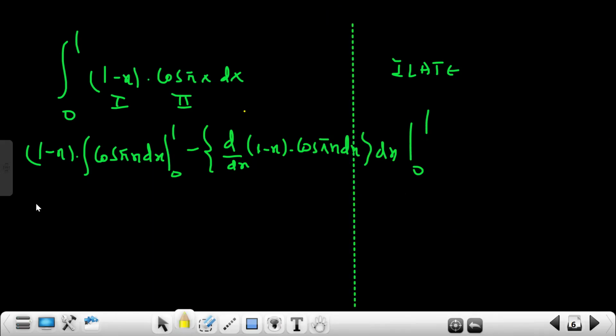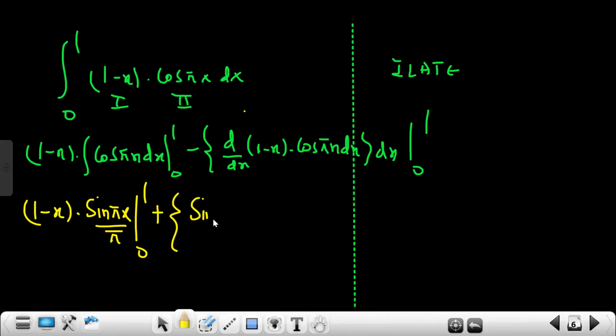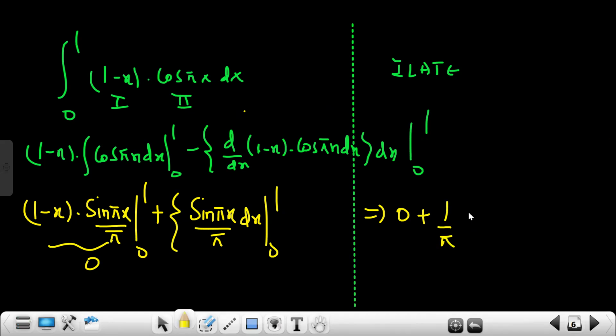So for 1 minus x, it would be sine pi x by pi from 0 to 1, minus d/dx of (1 minus x), which is minus 1, so it will be plus 1. The integral of cos pi x dx is sine pi x by pi, then again dx from 0 to 1. So this part is 0 already. So eventually we will get 0 plus 1 by pi, minus cos pi x from 0 to 1.